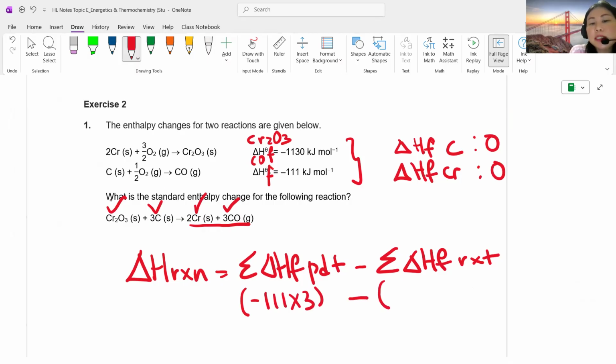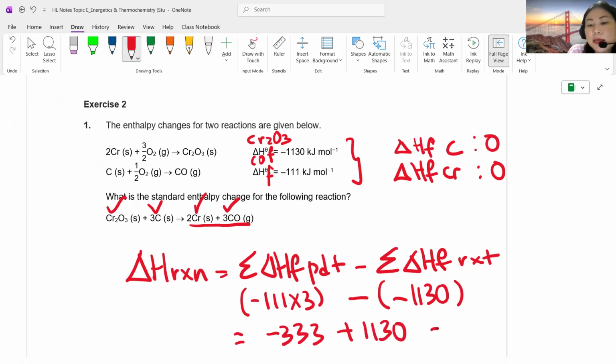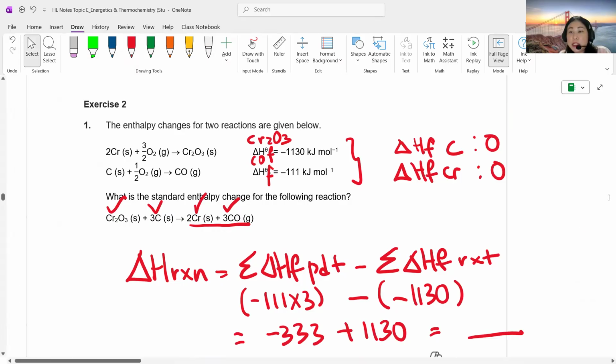The reactants are Cr2O3 and carbon. The enthalpy change of formation of carbon is 0, so only Cr2O3, minus 1130, is left. So the answer will be minus 333 plus 1130. Take your calculator and press, and you'll be able to get the enthalpy change of the reaction, using formation data.